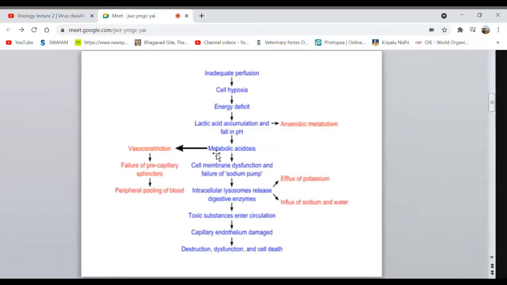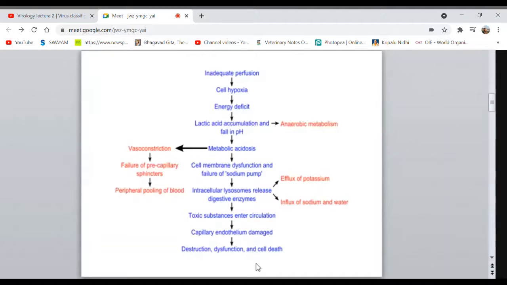The acidosis further leads to cell membrane dysfunction and failure of the sodium pump, which lets the intracellular lysosomes promote the release of digestive enzymes. Then toxic substances enter the circulation, leading to capillary endothelium damage, and ultimately destruction, dysfunction, and cell death. So these are the cascade of events that takes place during shock.